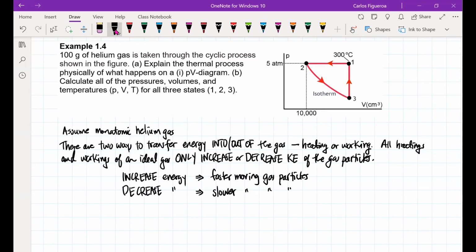Okay, so now we want to go and explain the thermal process here.